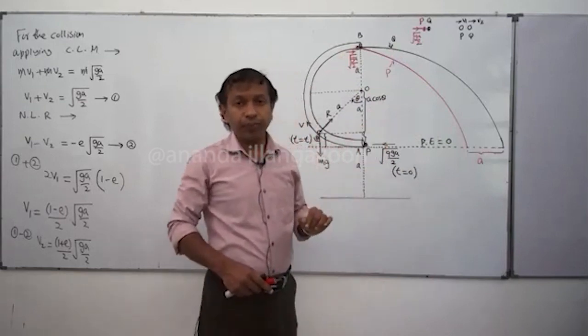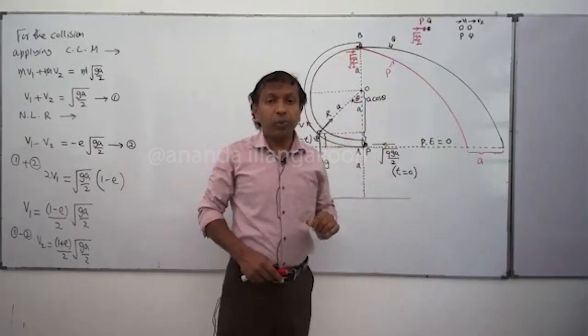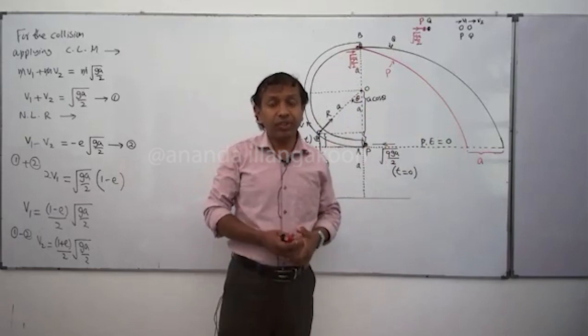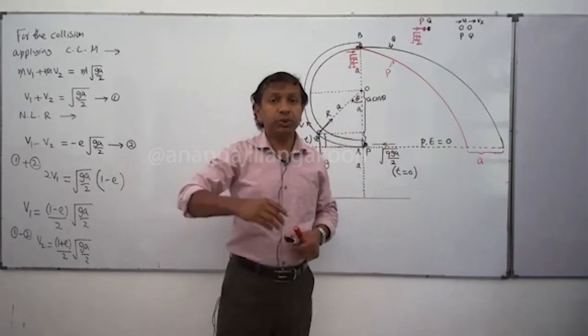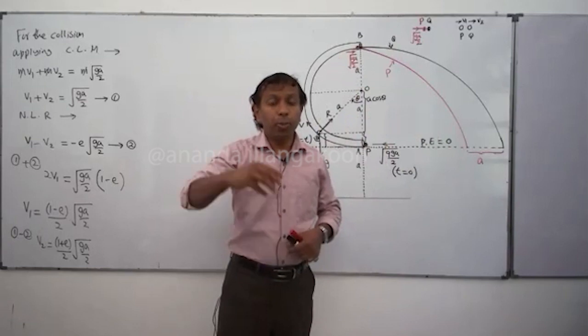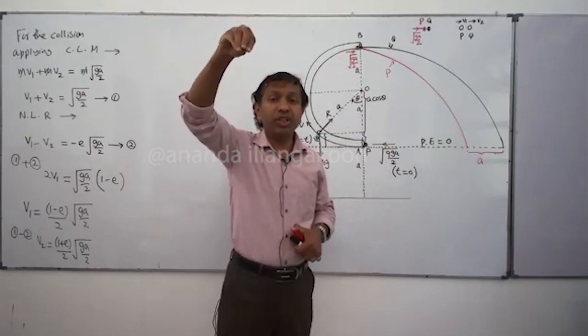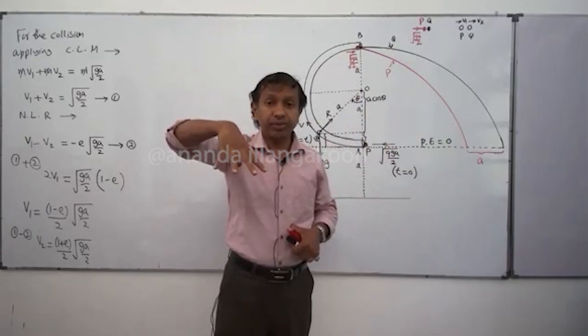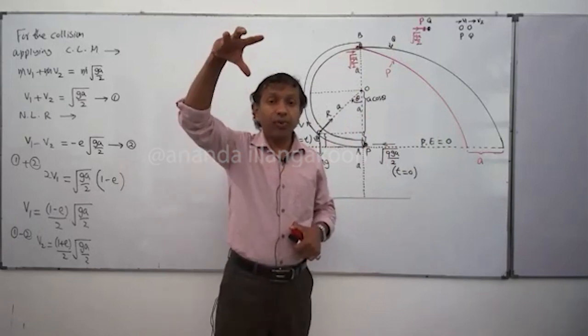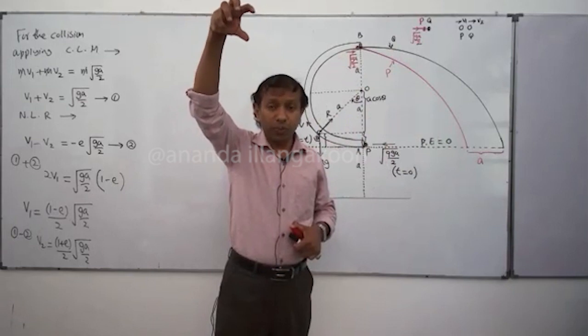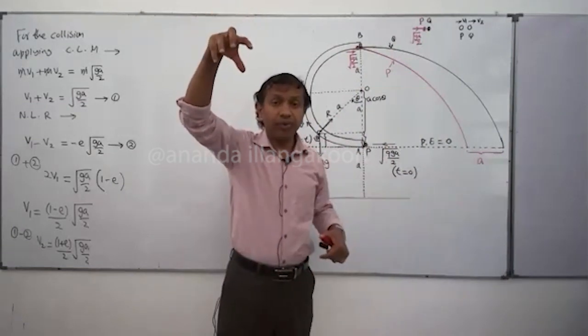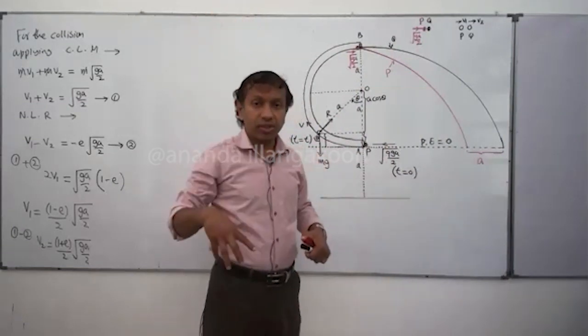Both start their vertical motion downward with initial velocity 0, so they reach the ground simultaneously. Why?